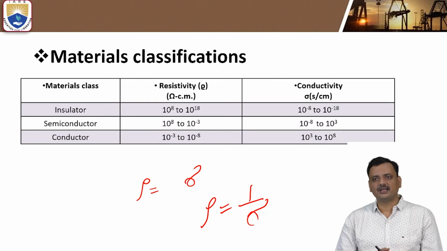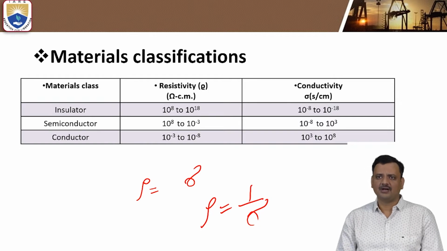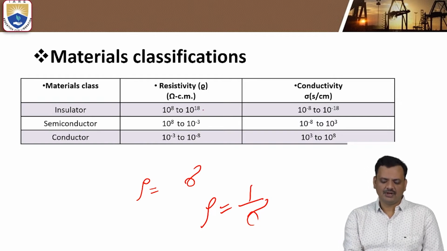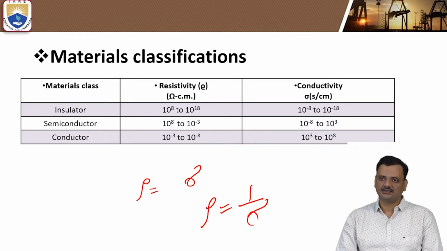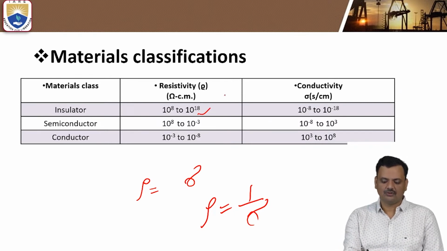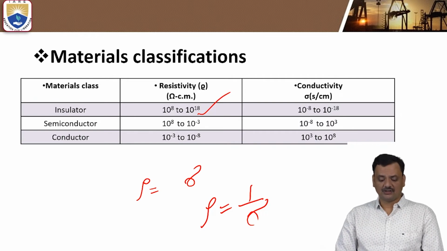So in the case of an insulator, it was observed that insulators have a resistivity between 10 to the power 8 and 10 to the power 18 ohm centimeter. See how huge the resistivity is in the case of an insulator.